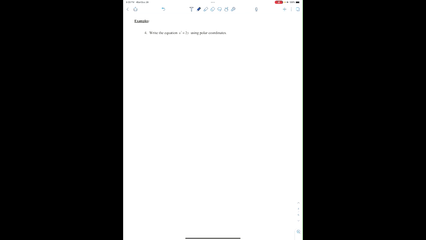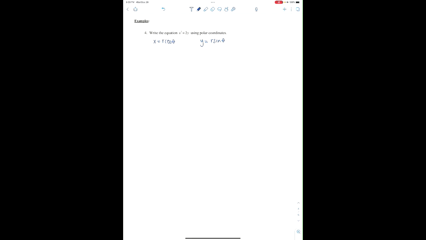Example number 4. We want to write our equation x squared equals 2y using polar coordinates. So again, we're going to be referencing x equals r cosine theta, y equals r sine theta.